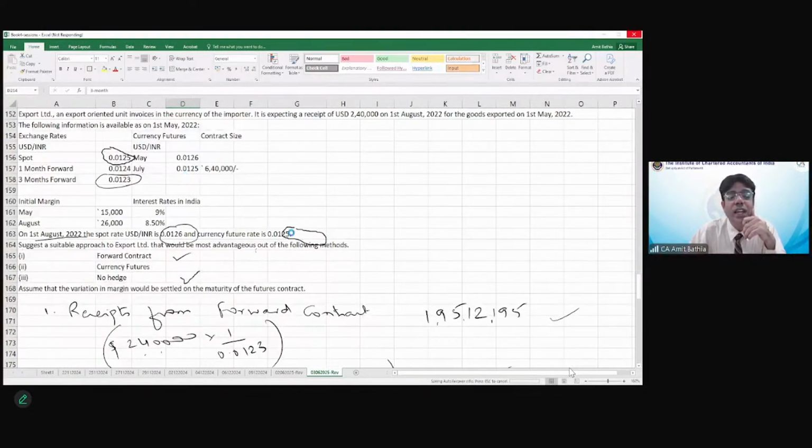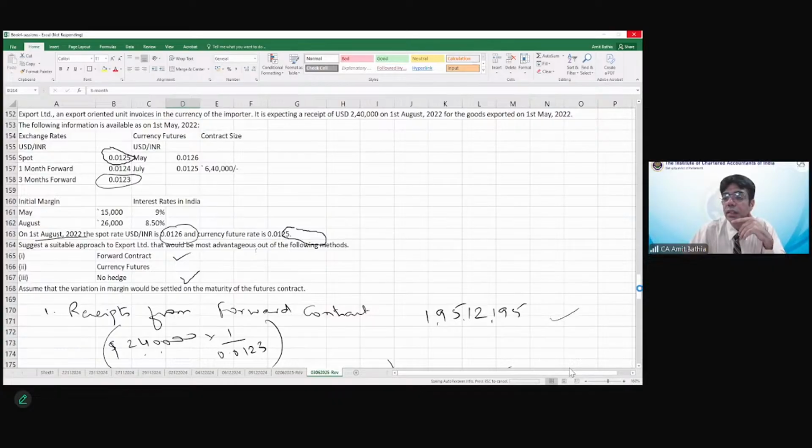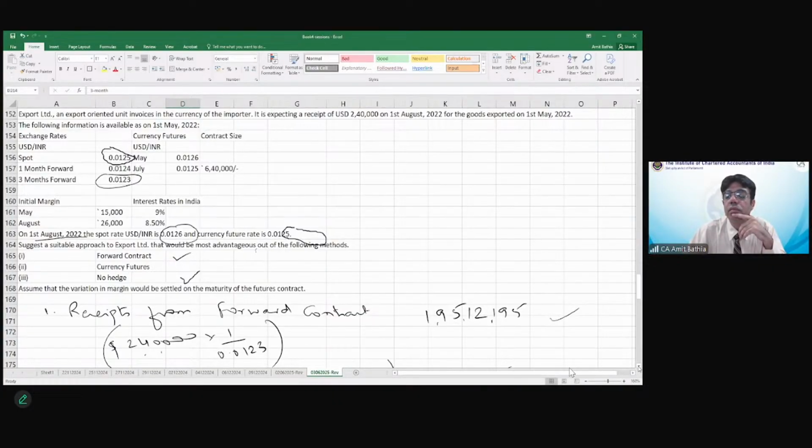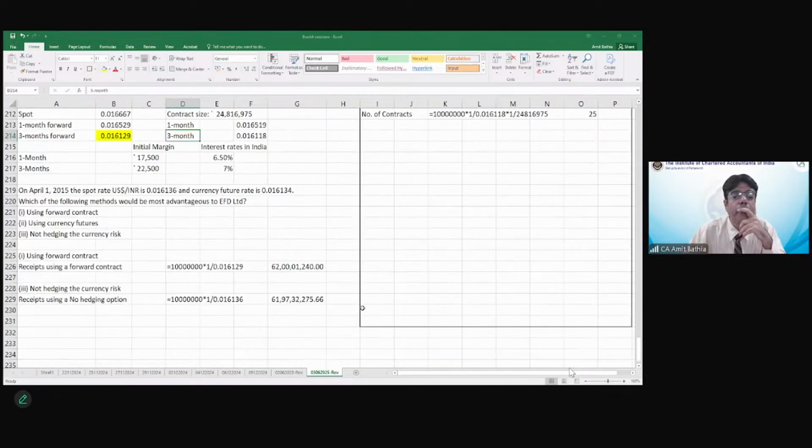That is the reason we had taken the currency future rate 3 months later, so there was no price variation happening. Now you will have a variation happening over here.